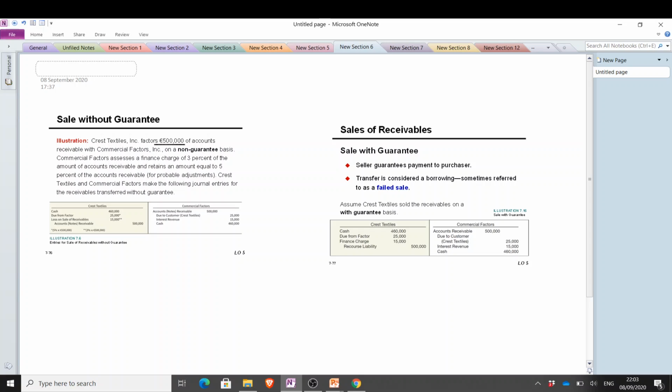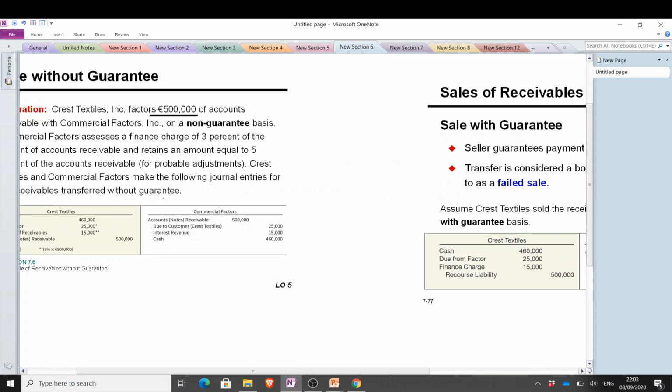On a non-guarantee basis, Commercial Factors assesses a finance charge of 3% of the amount of the accounts receivable and retains an amount equal to 5% of the accounts receivable for probable adjustments. Crash Textile and Commercial Factors make the following journal entries for the receivable transfer without guarantee. So there is no guarantee involved here.